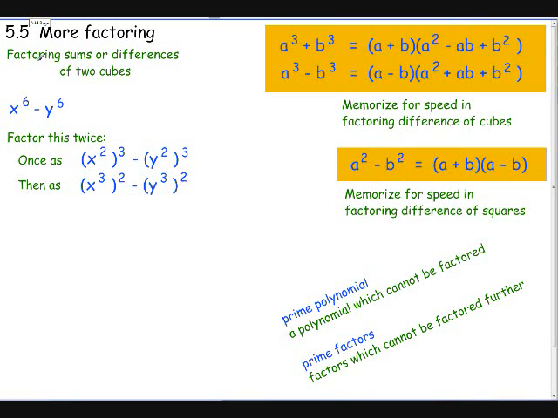More factoring. Now we're factoring sums or differences of two cubes. Here are the patterns that you should learn. Let's just take a look at them, see if there's some way we can help get these stuck in our minds. When we have a sum of cubes, one of the factors is the simple little binomial a plus b.